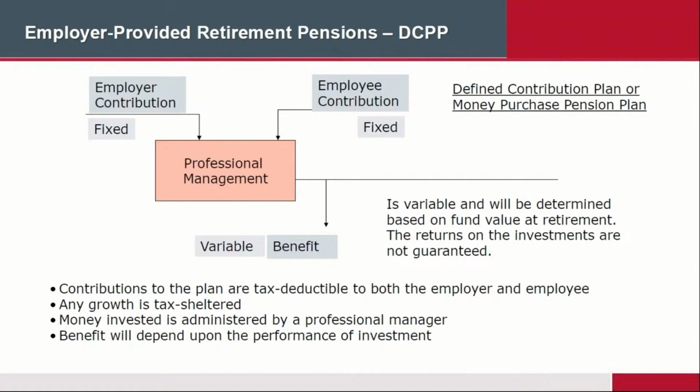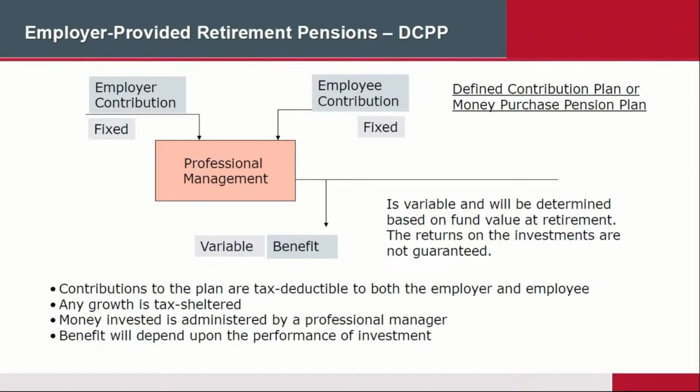The opposite of a defined benefit pension plan is a defined contribution pension plan. Sometimes they refer to it as a money purchase plan. In a defined contribution pension plan, the employee does not know how much money they're going to have at the other end. With a defined benefit, they're going to say, yes, I know that when I retire, I'm going to get $3,000 a month, let's say, for the rest of my life.